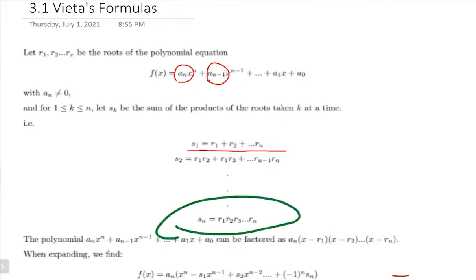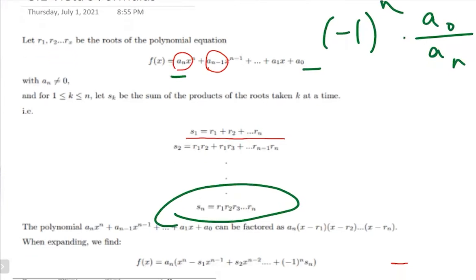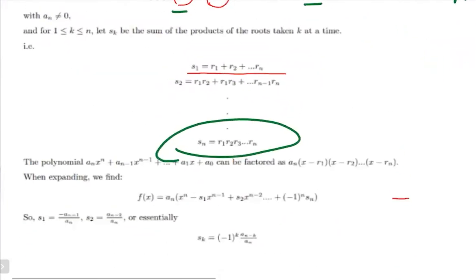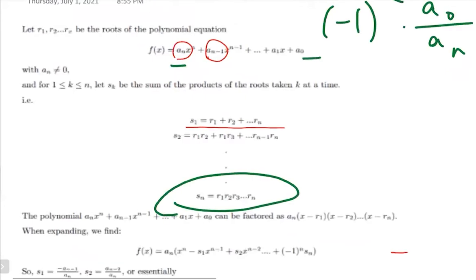And similarly, the product of the roots is negative 1 to the nth power, where n is the degree of the polynomial, multiplied by a sub 0, the constant term, over a sub n. You also get the sum of the pairwise products of the roots.